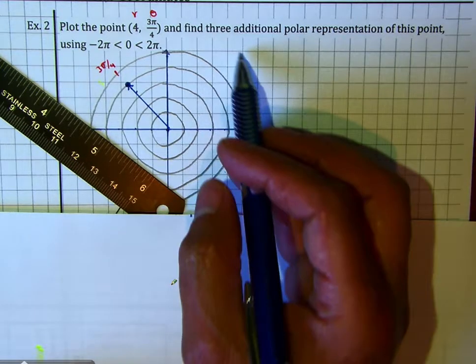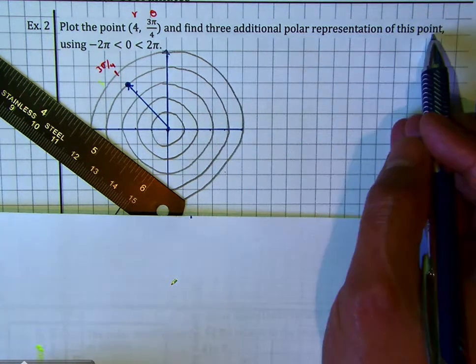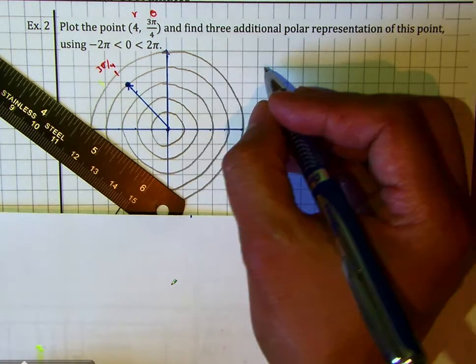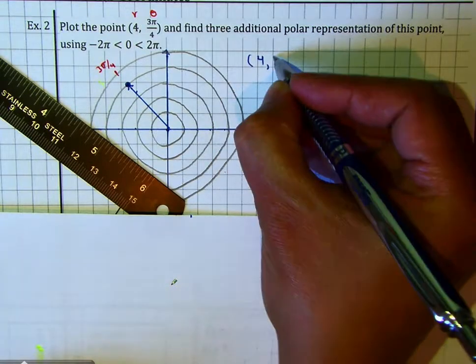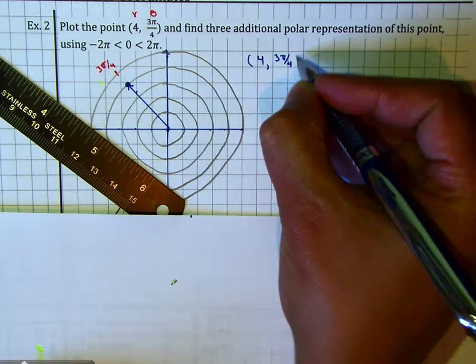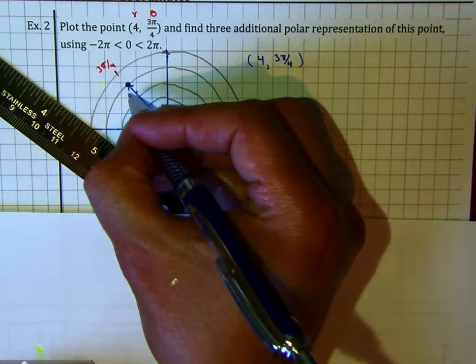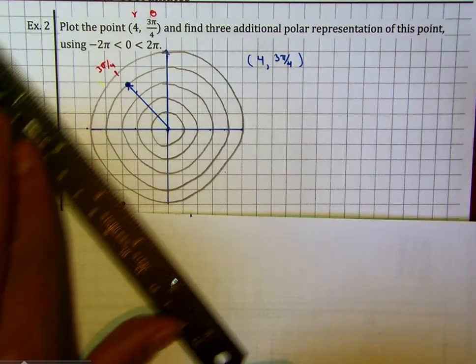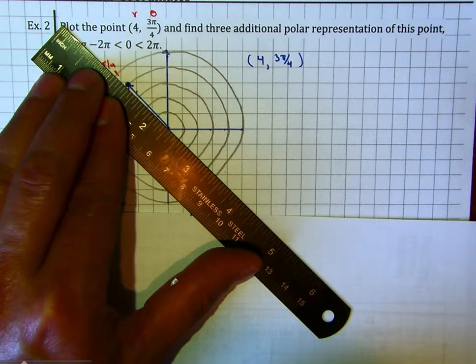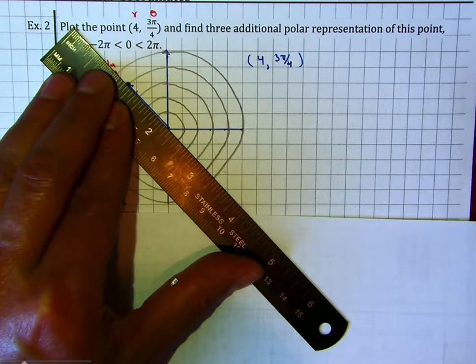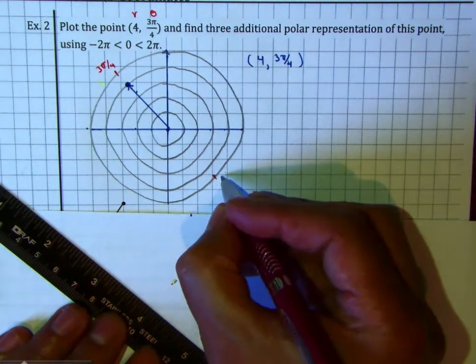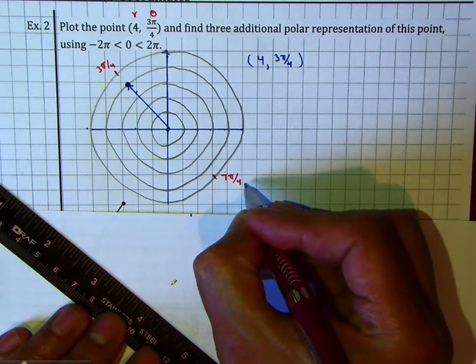Now, I need to find 3 additional polar representations of this point. So one of them is 4, 3 pi over 4. That is this point here. What's another way that I can write it down? Well, I can think of the angle being on the opposite side, which will be here. And what is the location of the angle? It will be 7 pi over 4, correct?